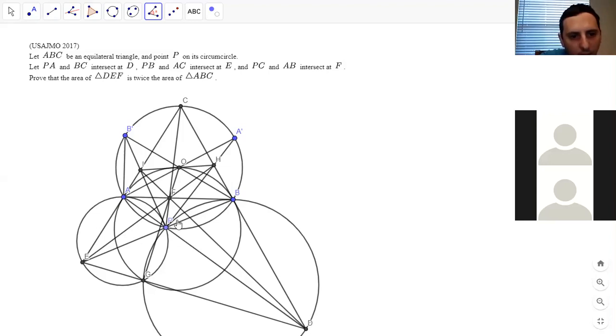And then sine 60 over BD is sine PBG over PG. So if you divide those two, you get AE over BD is sine PED over sine PDE, which is PD over PE. Yeah, PD over PE.